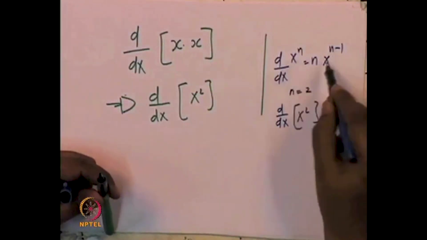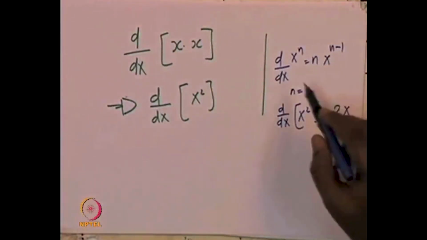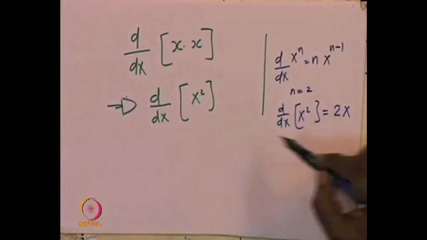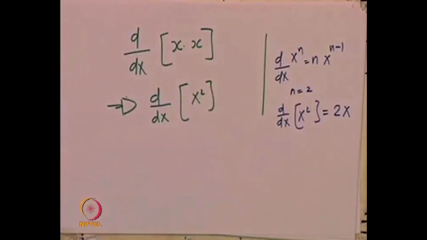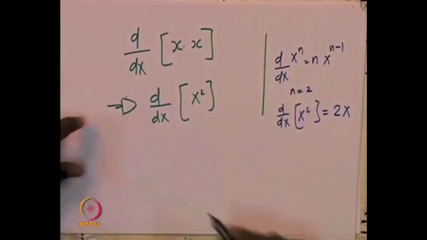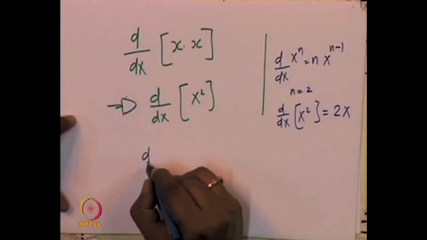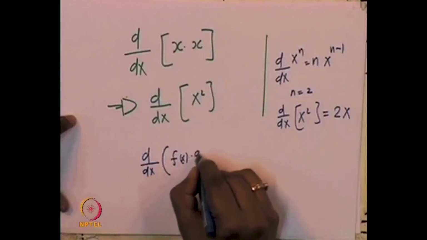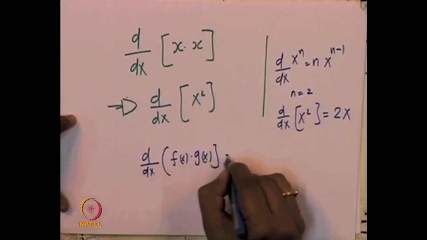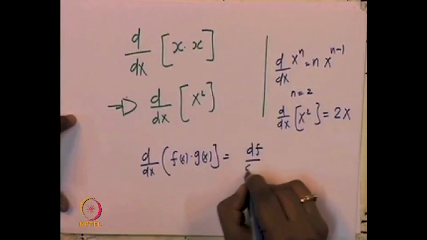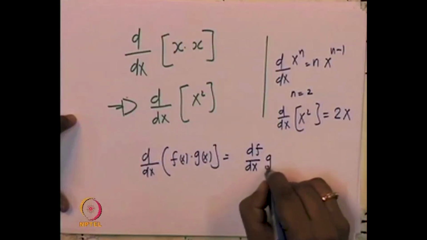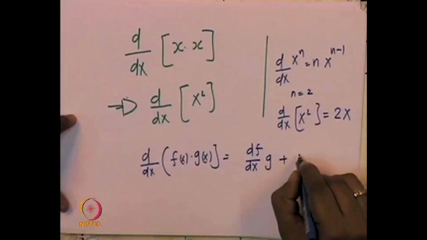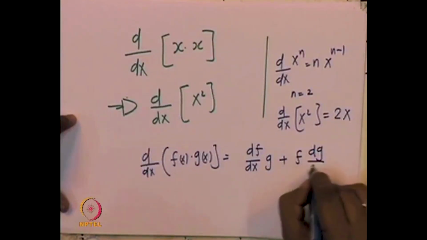So, from what we learned last time, we already know the answer: the derivative of x square is 2x. Now, let us apply today's rule. The rule we learned is d by dx of f of x times g of x is df by dx into g of x plus f into dg by dx.